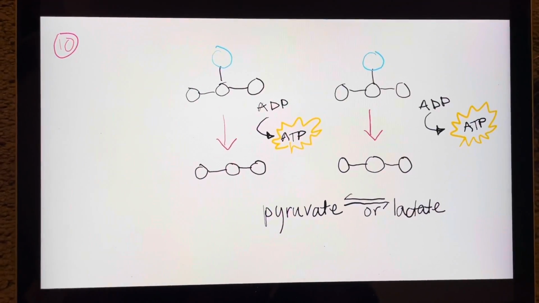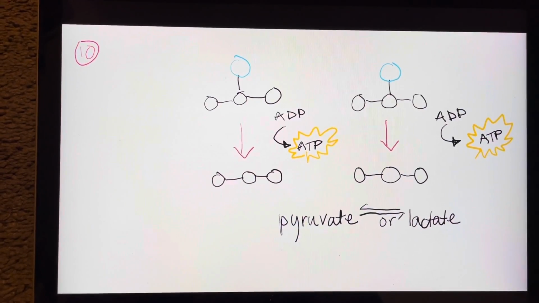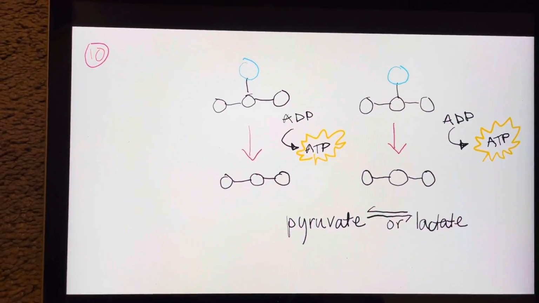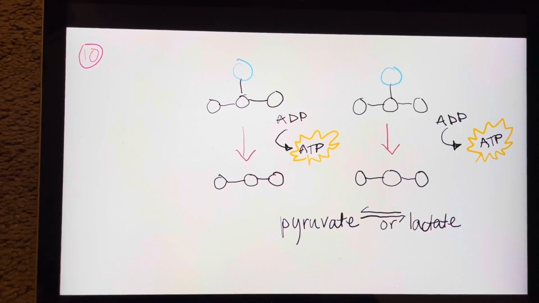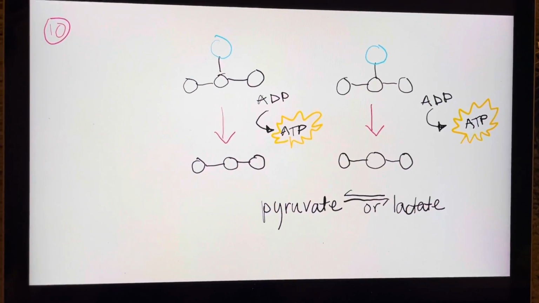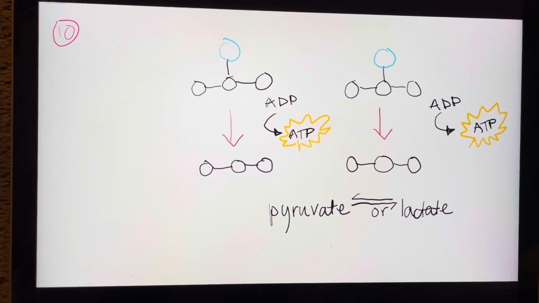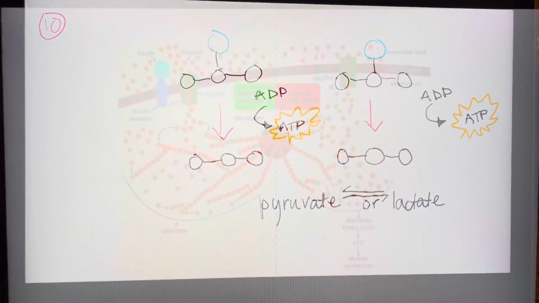If there is not enough oxygen for the pyruvate to enter the mitochondria, then it can continue glycolysis and make ATP through lactic acid fermentation. Pyruvate is converted to lactate and NADH turns back into NAD+ to continue glycolysis.